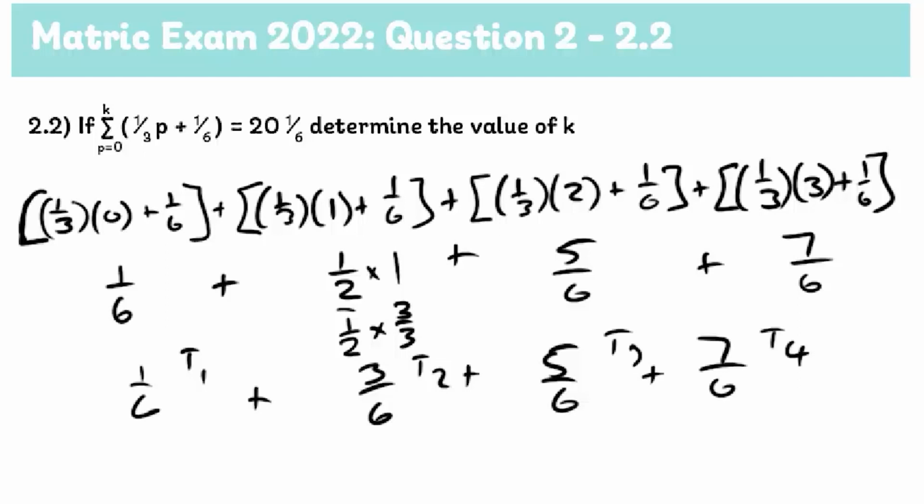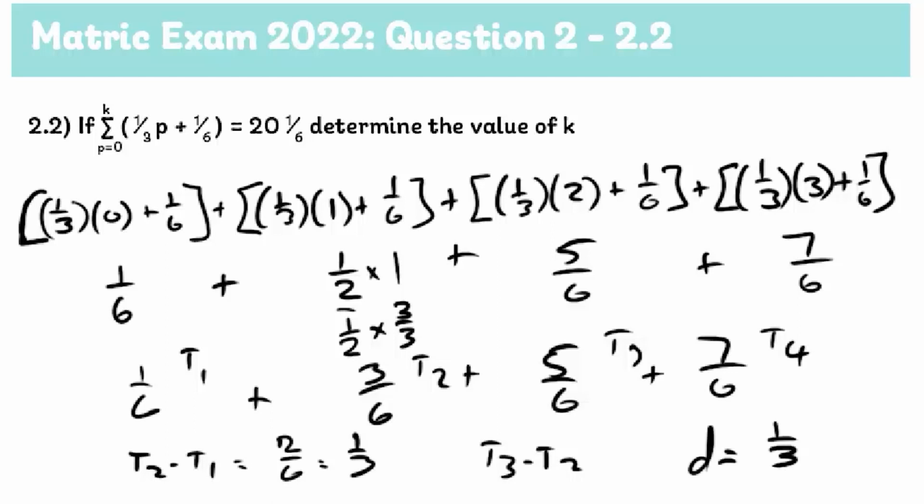What is arithmetic? Arithmetic is T2 minus T1, and then T3 minus T2, etc. And the answer will come out to 2/6 or 1/3. So the difference is equal to 1/3. So we're working with an arithmetic series.